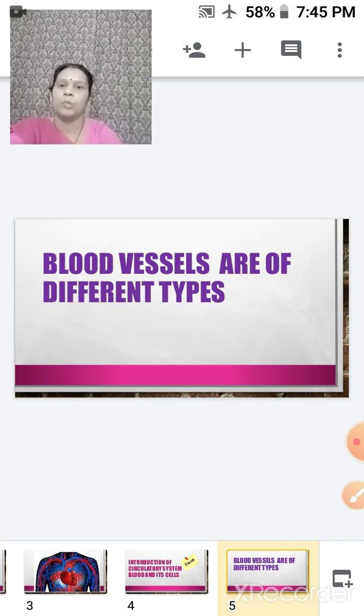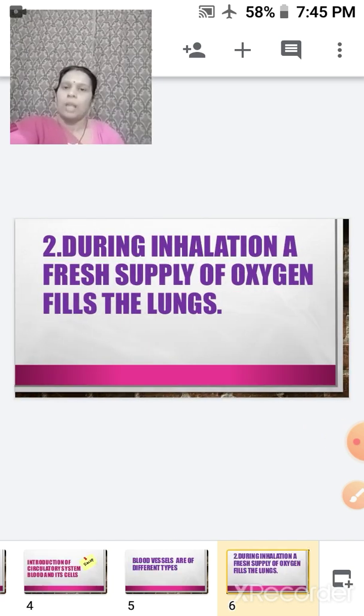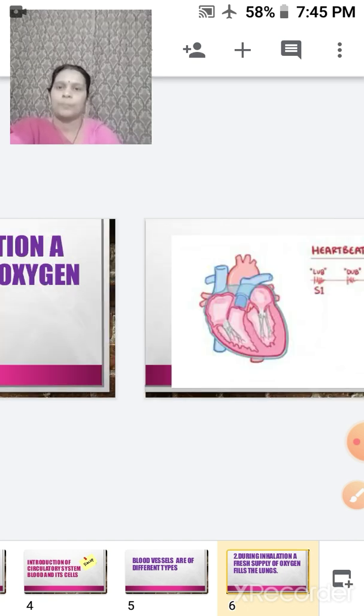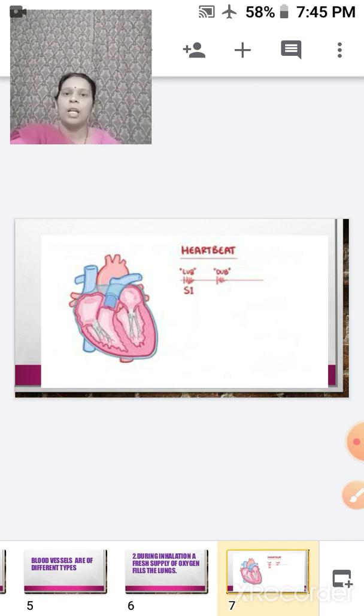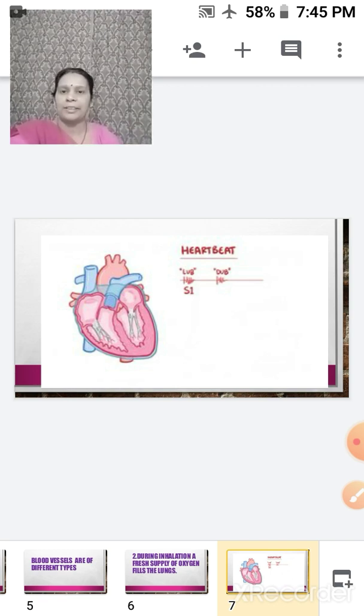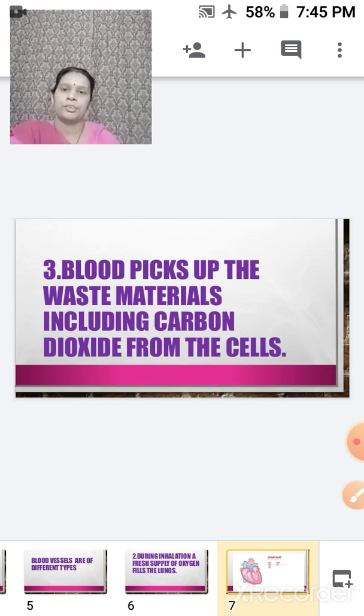Now, during the process of inhalation, the fresh air, which consists of oxygen, is filled within our lungs. So it is carried to the various parts of the body with the help of the heart. How this heart helps in carrying it, that we will be studying later on when we will be discussing the heart.